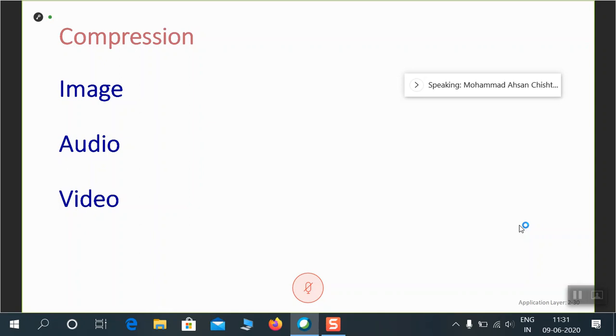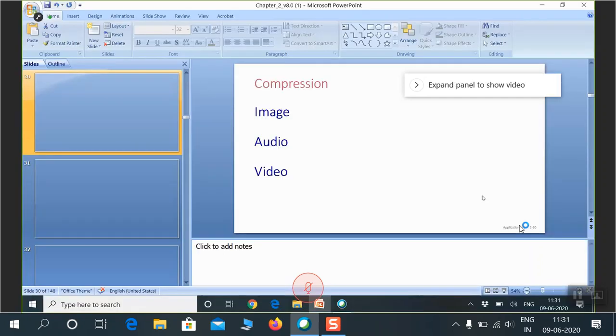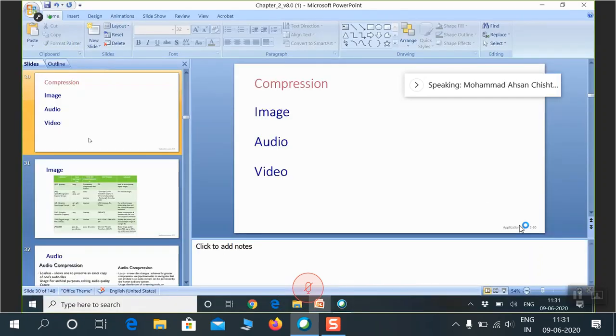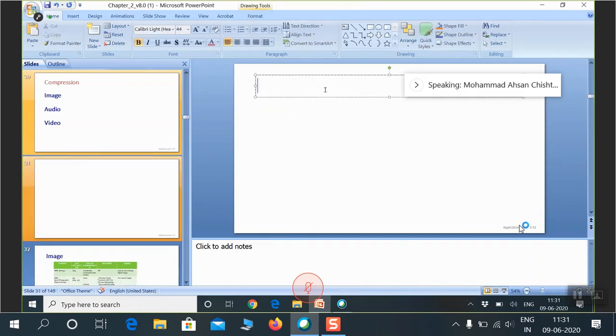Here in the slide, there are examples of compression, which are image, audio, and video. Before this, I would like to mention that we can have two main types of compression.